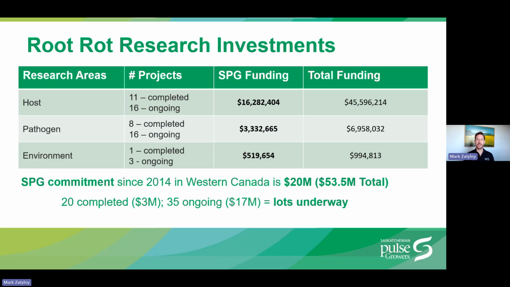Over the past 12 years, SPG has committed $20 million leveraged through various organizations and programs, resulting in 53.5 million in research commitments. Out of the 55 projects, 20 have been completed, while 35 are still underway and represent 17 million of SPG's 20 million commitment. In other words, there's still a lot of research underway with results yet to be determined.